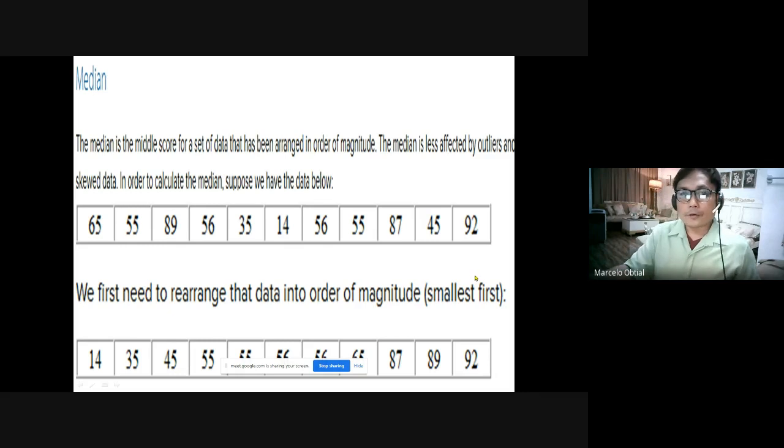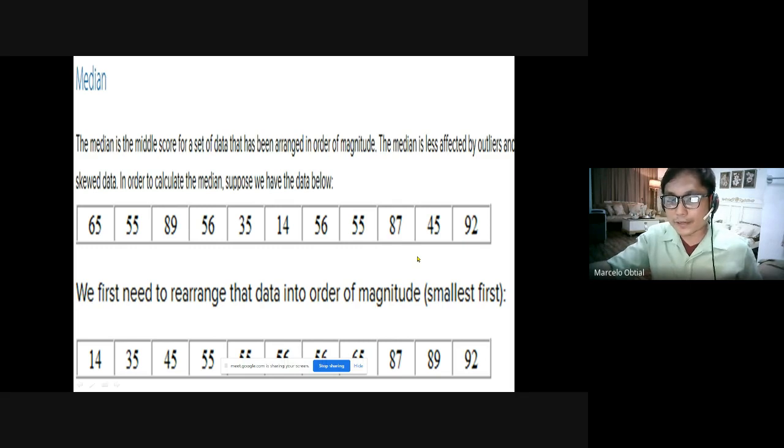Again, if the number of data is odd, our formula is n plus 1 divided by 2. Let's apply that. The number of data here is 11, plus 1, where 1 is our constant. That will give us 12.